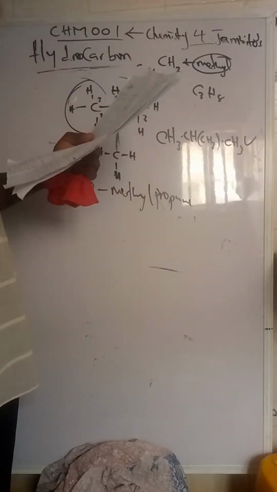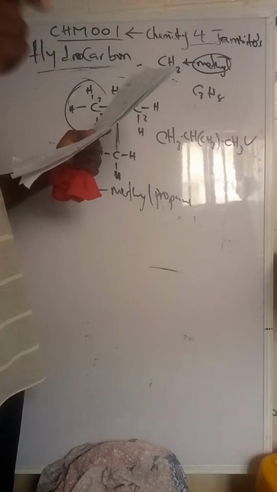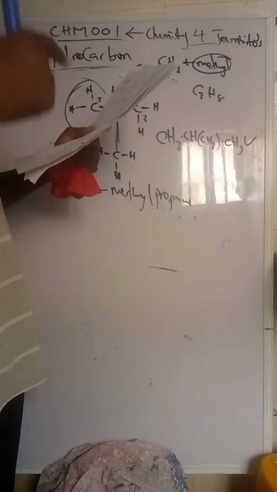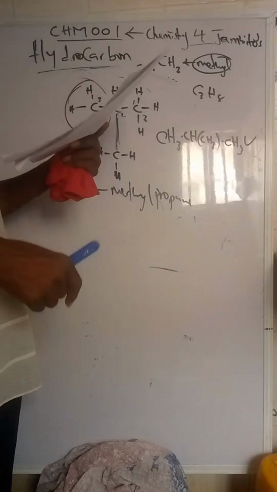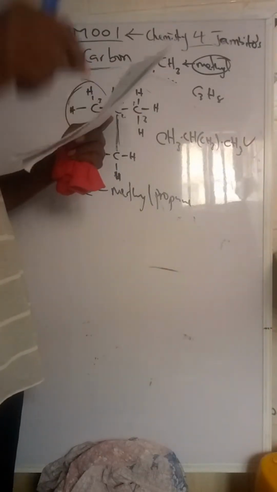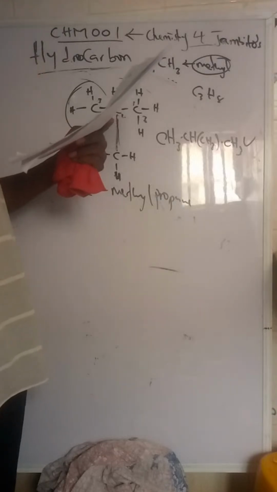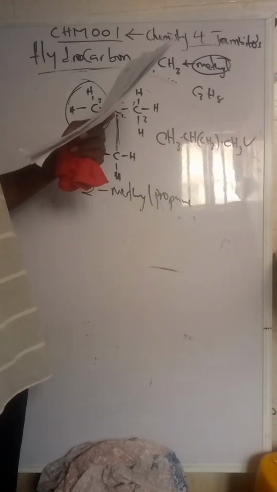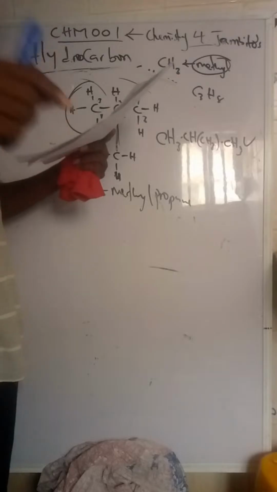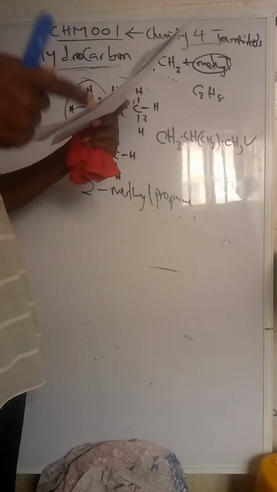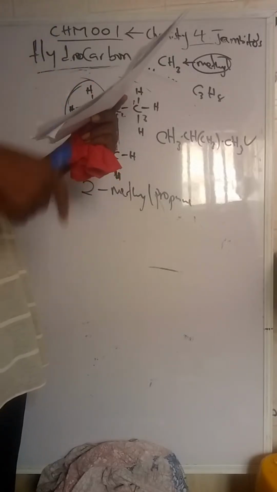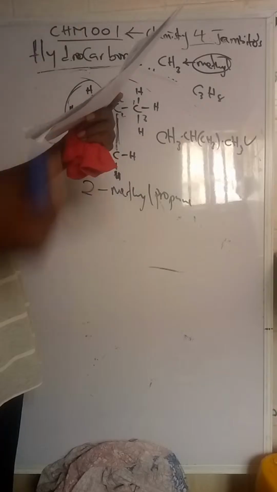That's number one. Secondly, for branch chain alkanes, the longest chain is determined, that is, the chain containing the greatest number of carbon atoms. This is regarded as the parent hydrocarbon. Pick those points now. And the compound is named as a derivative of the parent hydrocarbon. And thirdly, the chain is then numbered from left to right, and from right to left, to locate the position of the side chains.